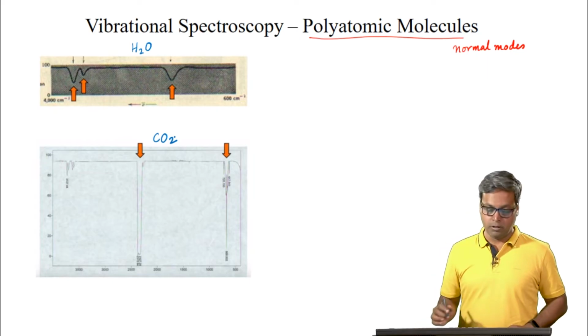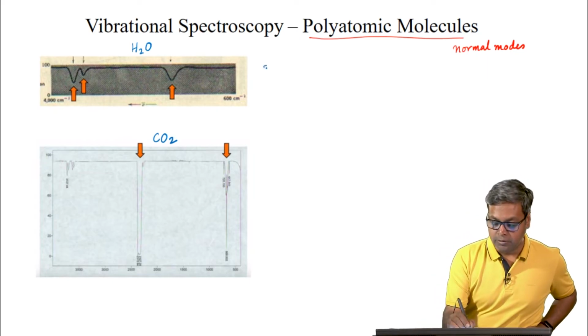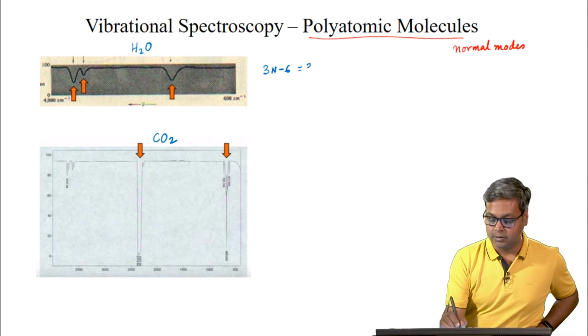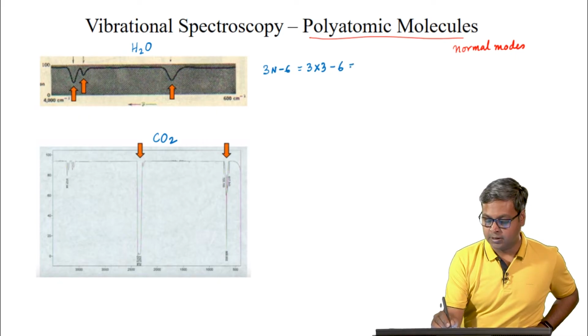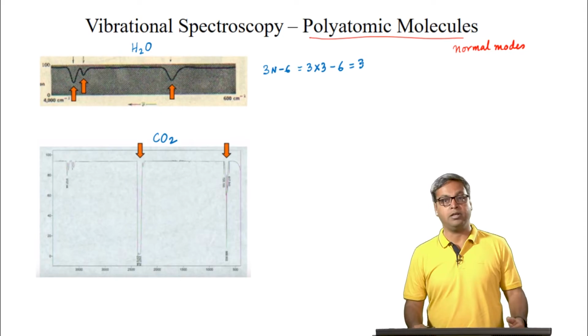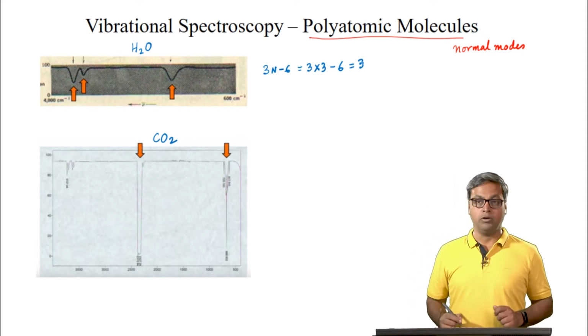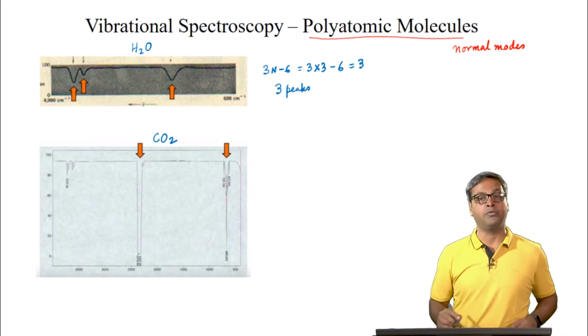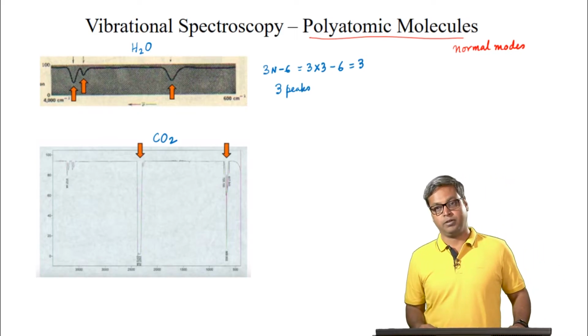Water has 3n minus 6, that is 3 times 3 minus 6, that is 3 vibrations, because water is nonlinear, and also 3 peaks are observed in the IR spectrum.